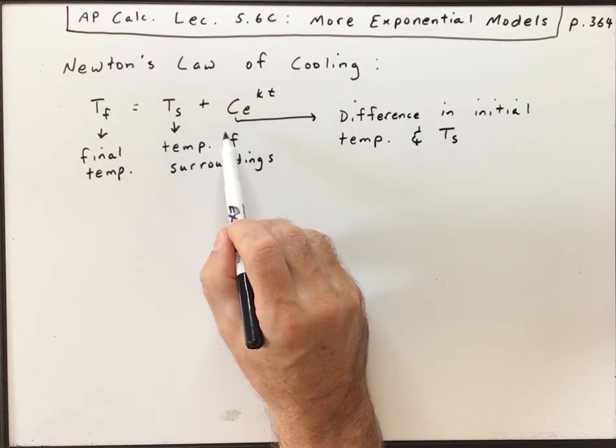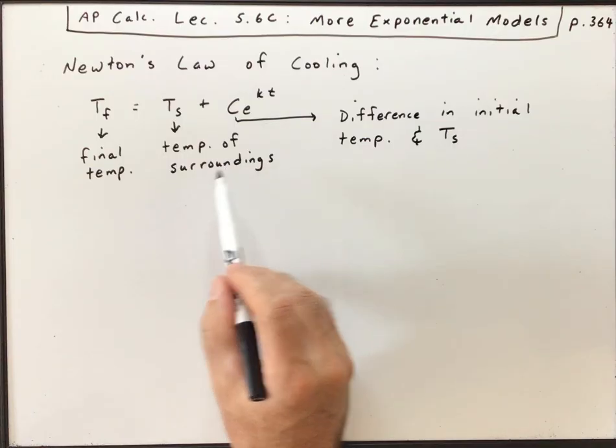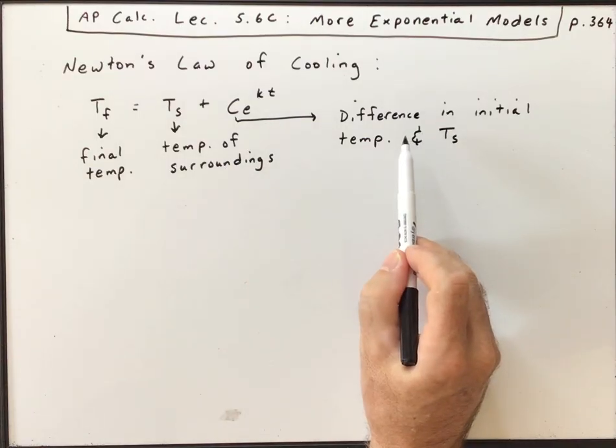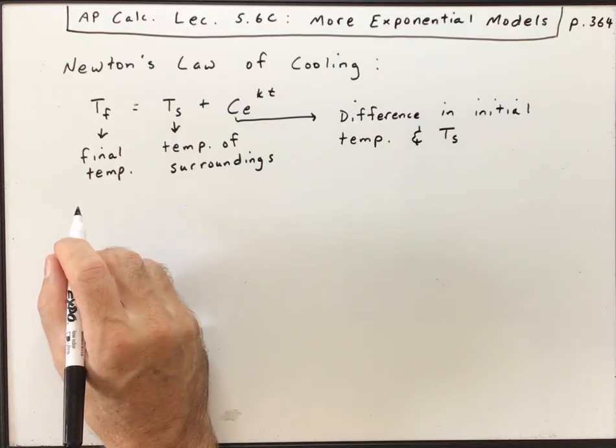Okay, the difference between the cooling temperature of the room that it's going to be cooled in and when you first began the cooling. Okay, so let's do our example of Newton's law of cooling.